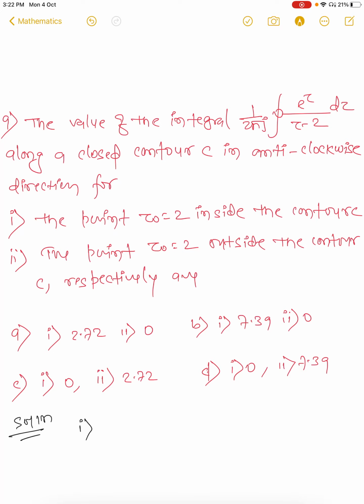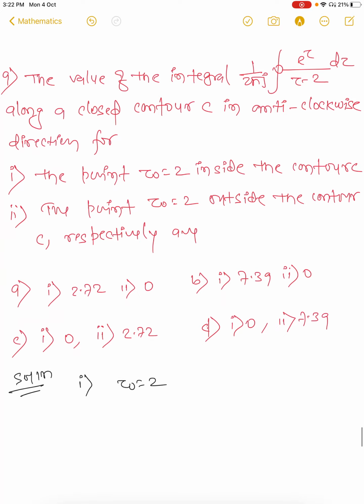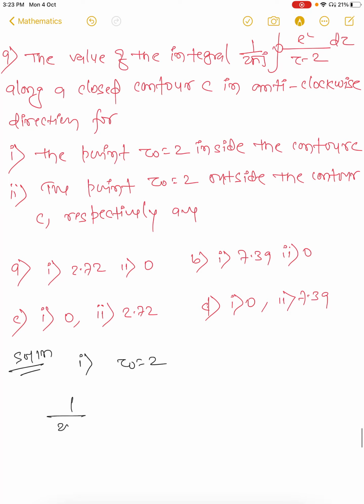Solving it: first condition, z naught equal to 2. So 1 upon 2 pi j times the integral of e to the z upon (z minus 2) dz will be nothing but the residue of this function at z equal to 2, which is e to the power 2, around 7.39.